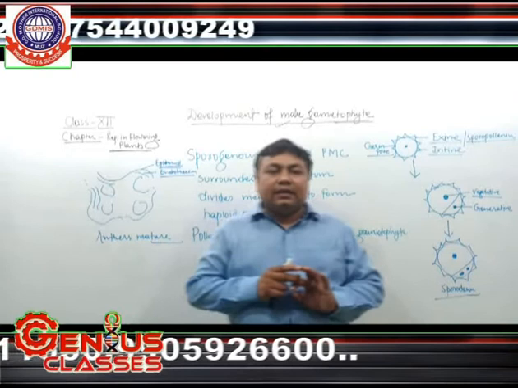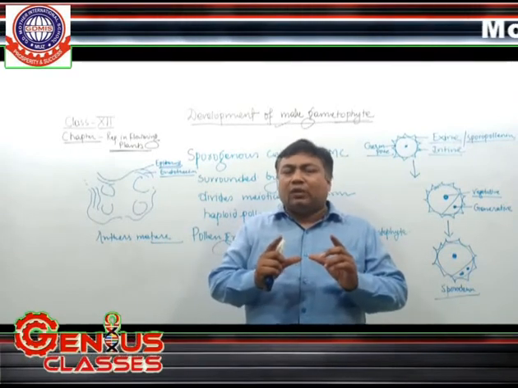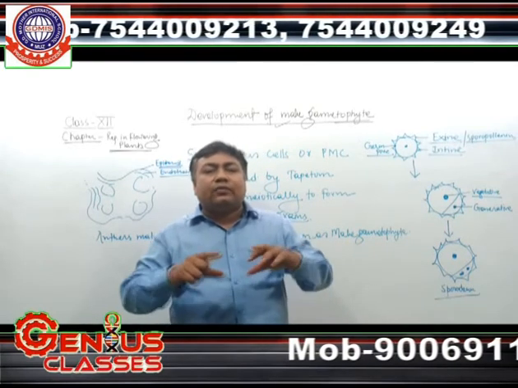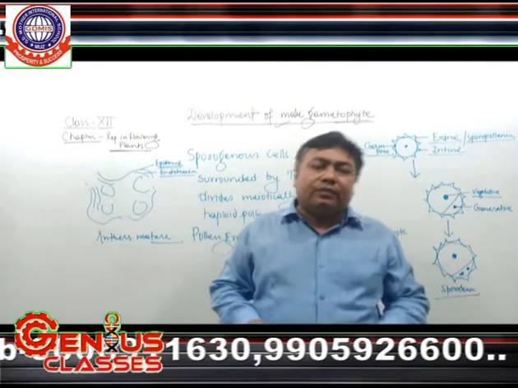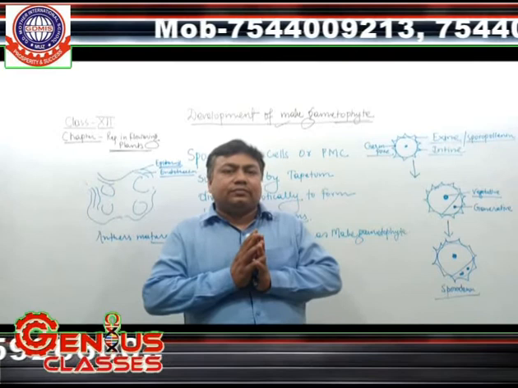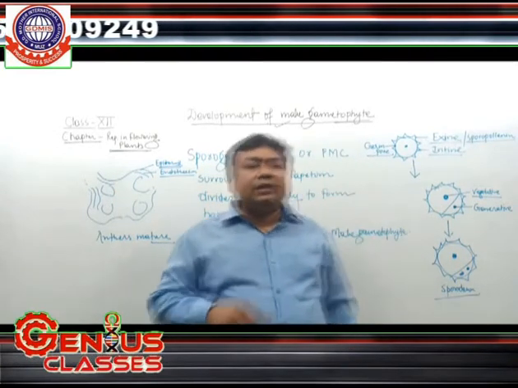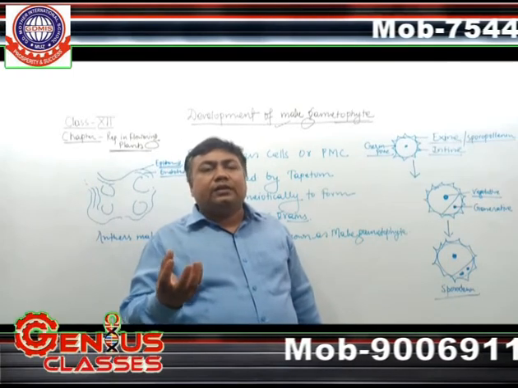Anther has two parts from outside, and each part contains two lobes. Then there are four lobes in an anther, and in the middle the sporangium is present. That means the four sporangia inside the anther are surrounded by four different layers of cells.